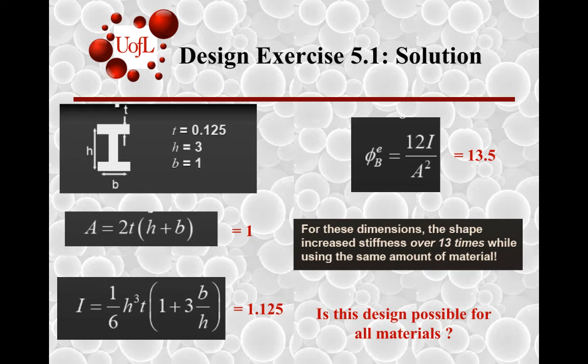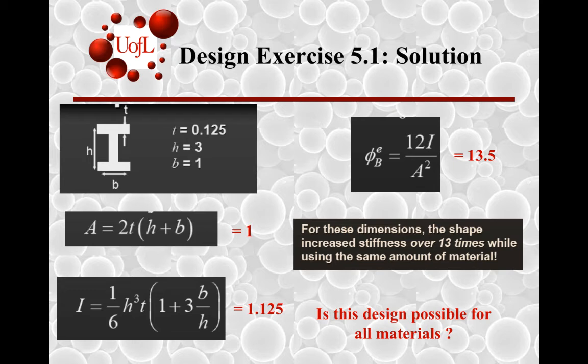The question is, can you make materials with this shape factor, or can you make designs with the shape factor for all materials? Some materials can be cast, some materials can be machined, some materials can be welded together, some can be deformed into given shapes, but not all might be possible, right?